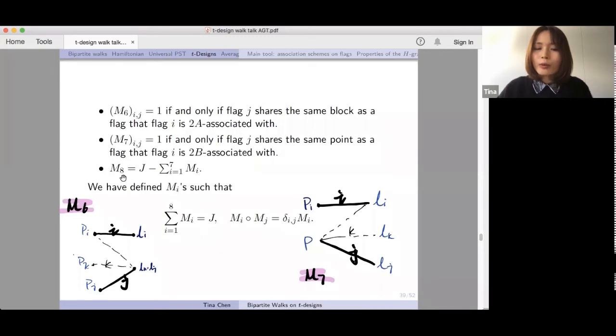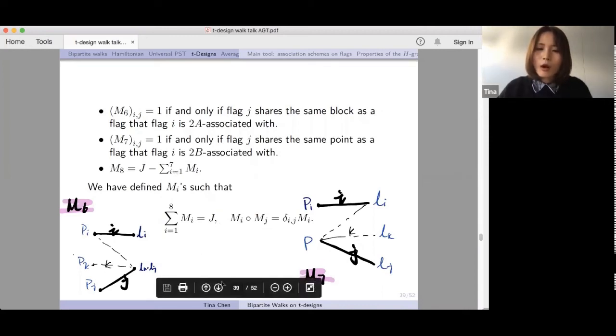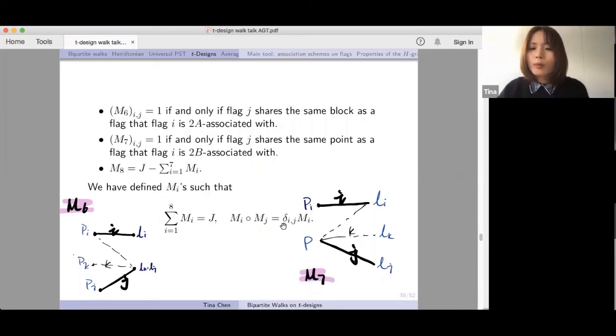So M8 will be the all-ones matrix J minus the sum of M1 up to M7. So we can see the sum of all those M_i will be the all-ones matrix, and the Schur product of M_i and M_j will be 0 if i is not equal to j, and will be M_i if i equals j.